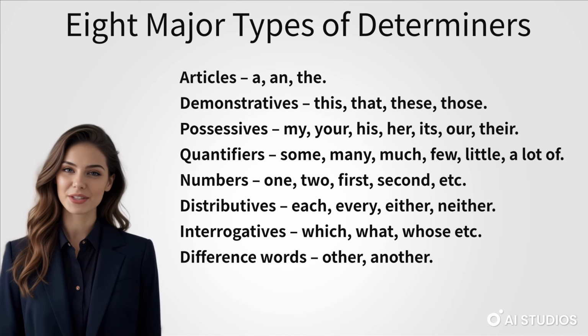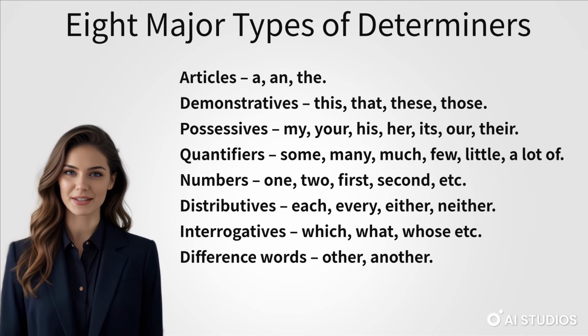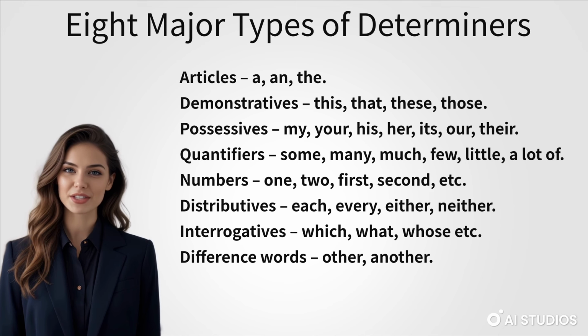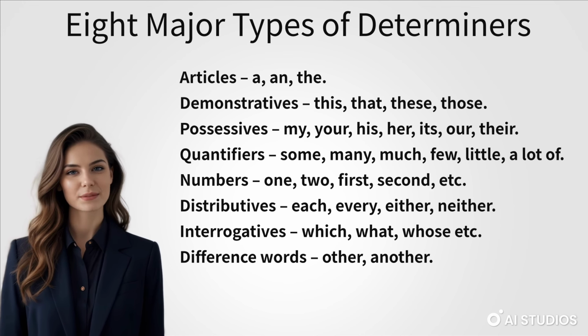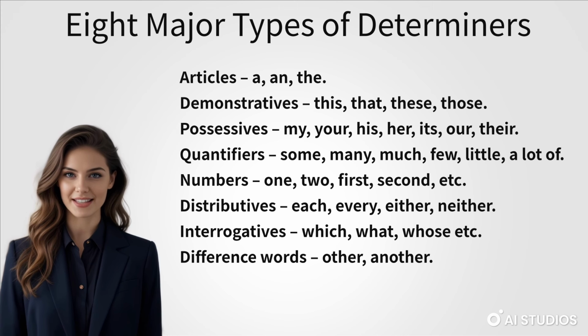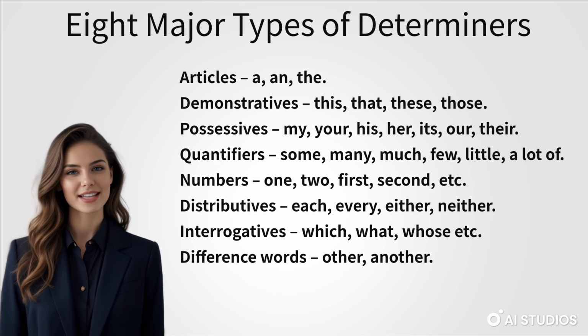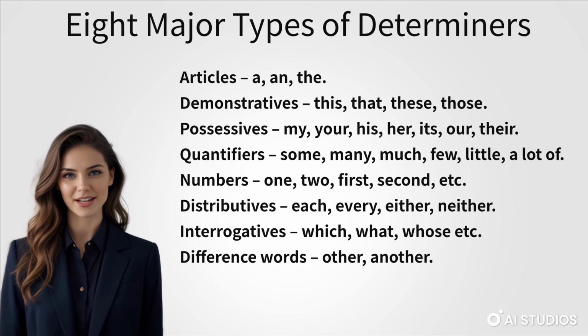There are 8 major types of determiners in English. Let's list them before we explore each in detail. Articles: a, an, the. Demonstratives: this, that, these, those. Possessives: my, your, his, her, its, our, their.